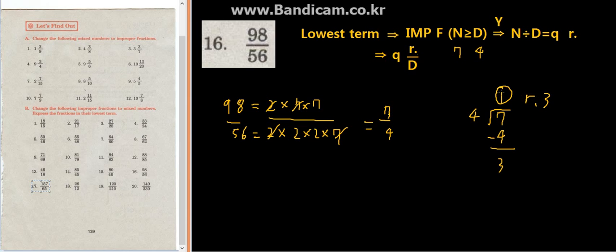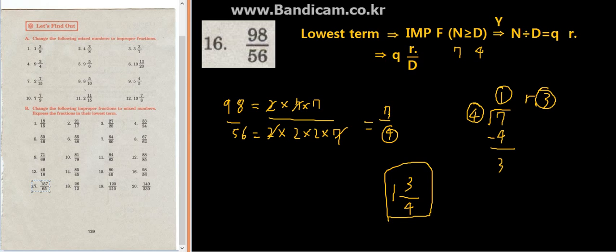We put down 1 as the quotient, and the remainder 3 over the denominator 4. And this is the answer of problem number 16.